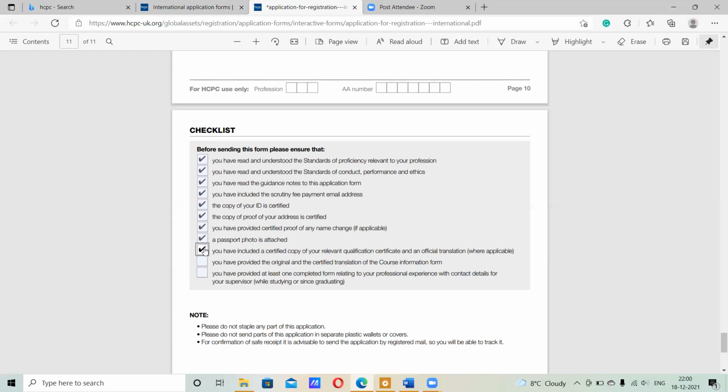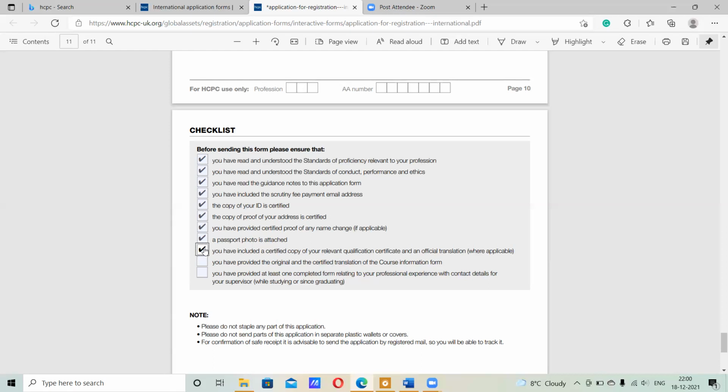So what I would recommend is, while you obviously give copies of your results or mark sheets from each of the physiotherapy years, if you have received a transcript from your university, I would definitely suggest that you submit those along with your application as well. This is simply because there is no harm in providing additional documentation when you submit your HCPC application.